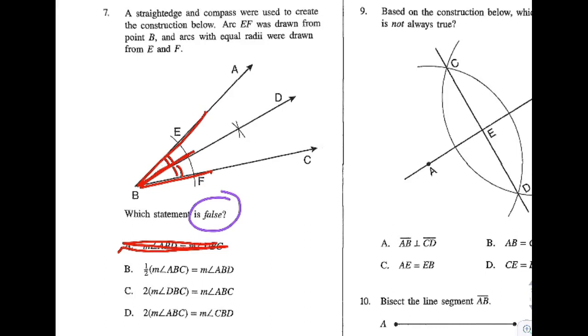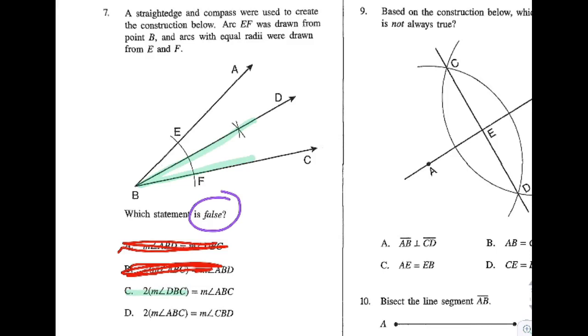Half of ABC is congruent to ABD. Let's check that one. That's ABC. Half of that is congruent to ABD. So that is true, which means that's not the answer. Then it says 2 DBCs equal an ABC.